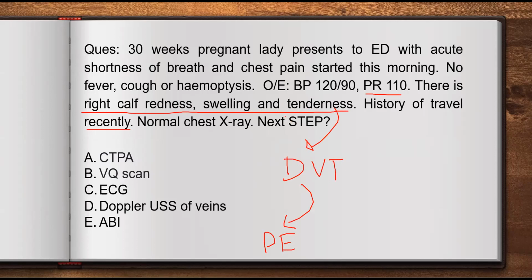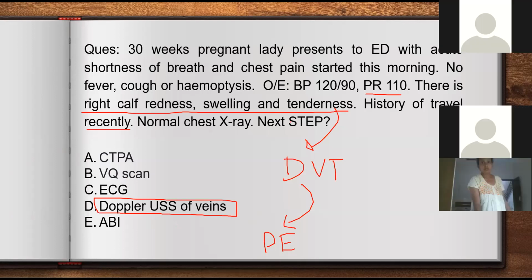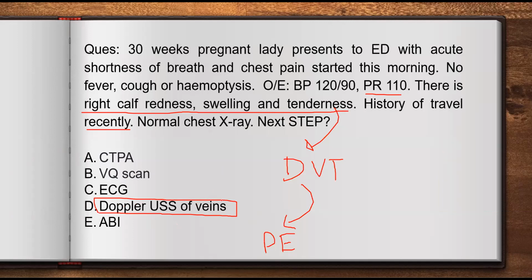When you get DVT features in the question, that means the patient has deep vein thrombosis symptoms and signs, then do we need to do a VQ scan or can we just do a Doppler ultrasound? Yes, very, very good, guys. So if you do a Doppler ultrasound, can we do an arterial Doppler to diagnose DVT? No. Sometimes in the exam question, you might get this arterial Doppler.